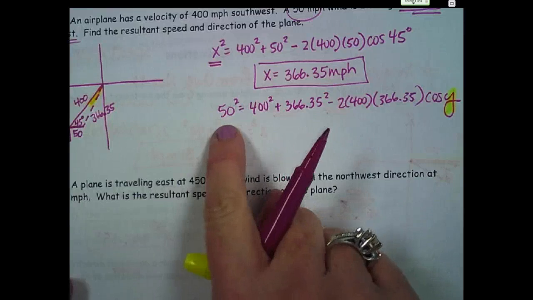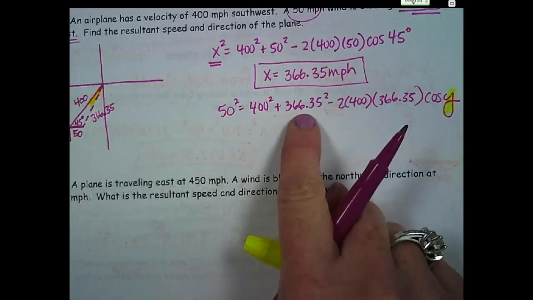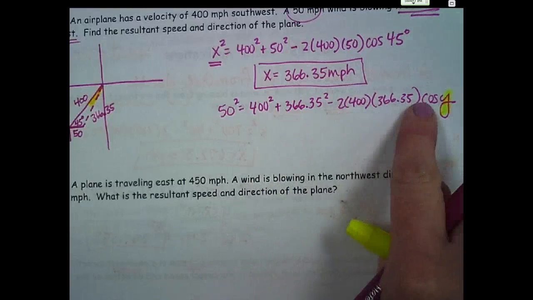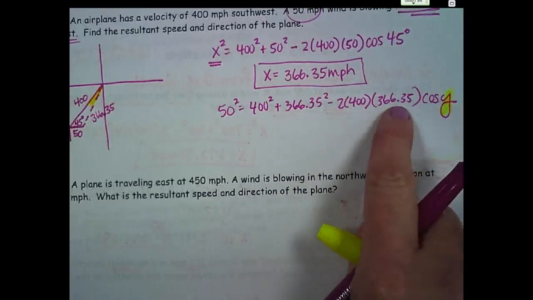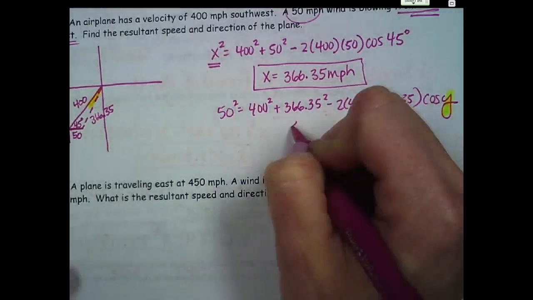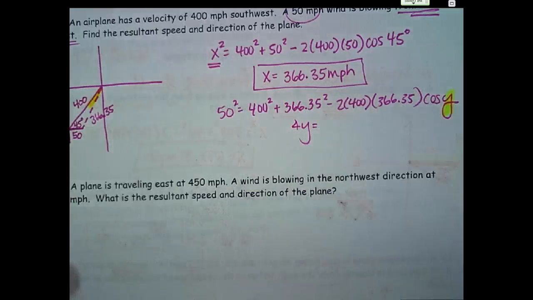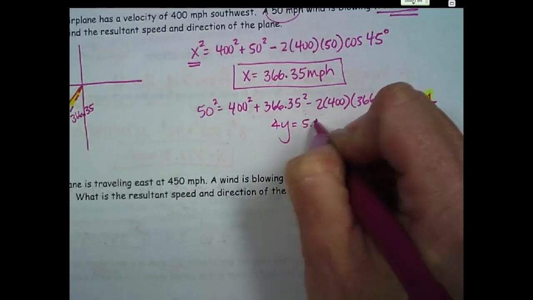So 50 squared minus 400 squared minus 366 squared, and you hit enter. Now this is all multiplication, so to undo it, you're gonna divide. Divide by -2, divide by 400, divide by 366, hit enter. And when you get it, you're gonna take the inverse of the answer. So angle Y should have been 5.54 degrees.